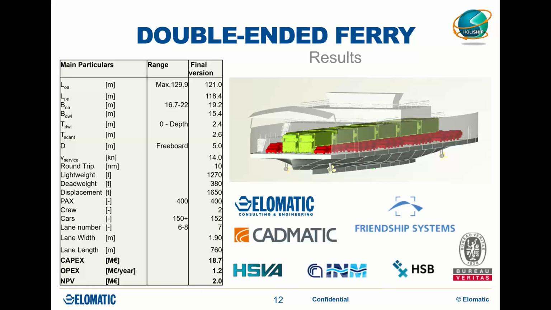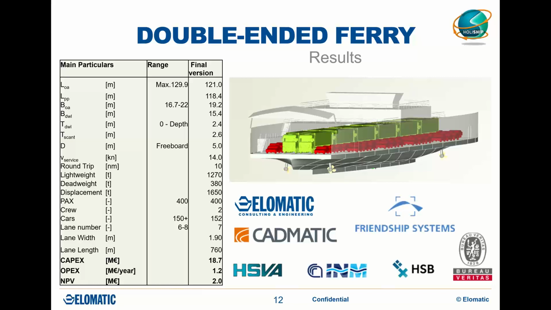In the second column, you can see the range where the CAESES optimization was within. So our length overall, for example, could be from 0 up to 129.9 meters. And you may wonder, why is this figure?